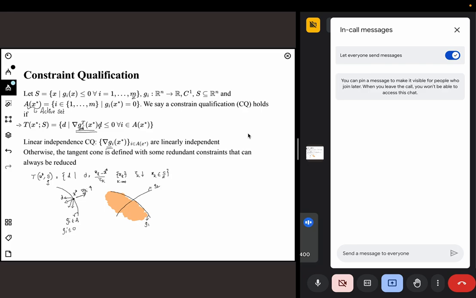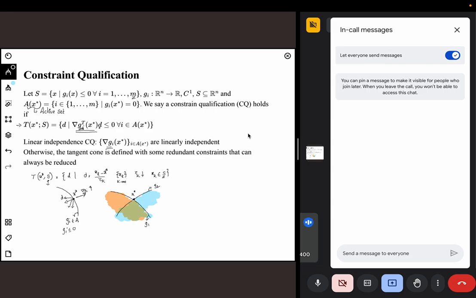G2 less than or equal to 0 could be this region. So this is the intersection region. If I'm saying both G1 and G2 are active constraints, which means X should lie at the intersection of these two boundaries. So this is my X star, which is what we are trying to find.